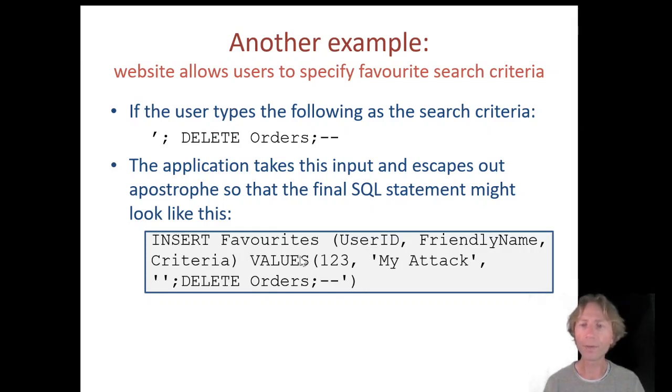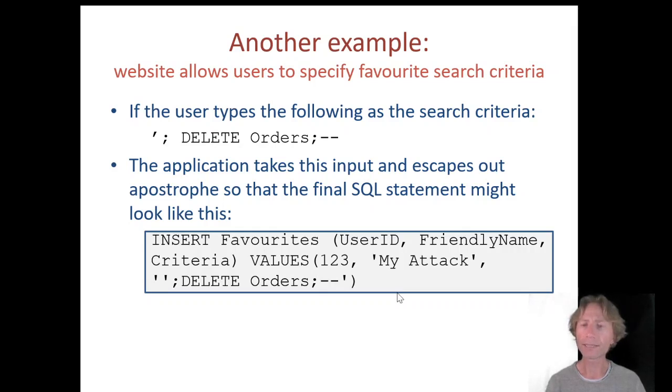Okay. And the values for that are 1, 2, 3 user ID, and the friendly name for this thing is my attack, and then it properly escapes the single quote here. So we have two single quotes there, and delete orders, and everything is fine.